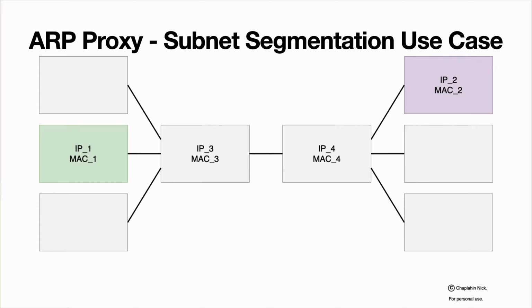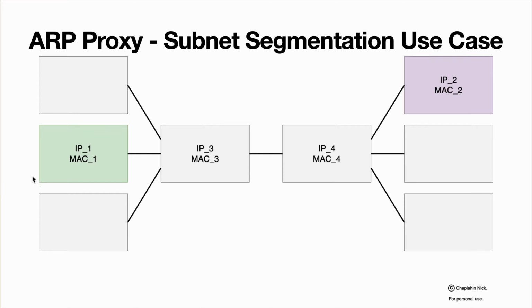I will display ARP proxy on the subnet segmentation use case because it's the simplest for visualization and understanding. ARP proxy is a procedure where a device that is aware of this functionality, the device that can be an ARP proxy, replies to an ARP request instead of other devices. How does it work?